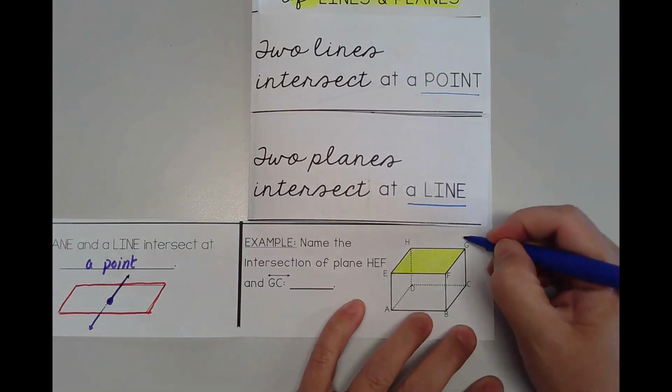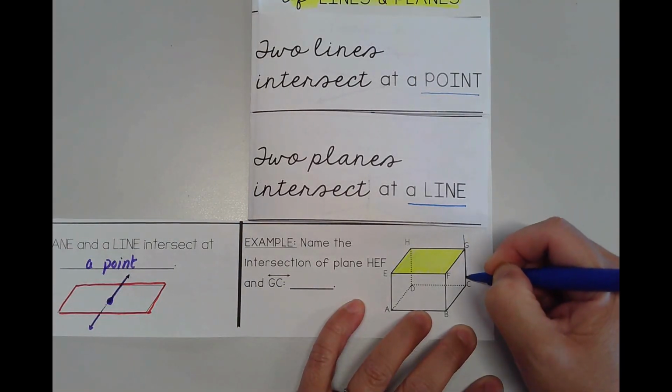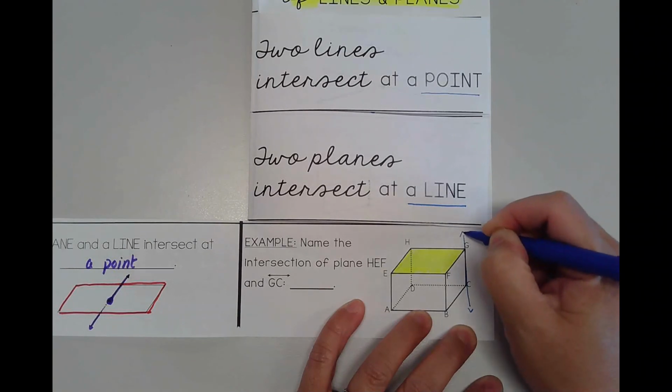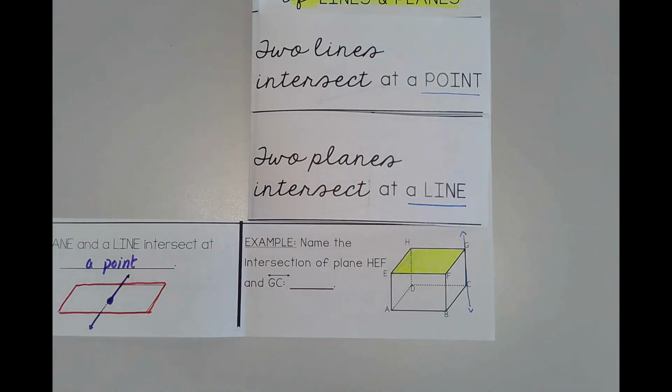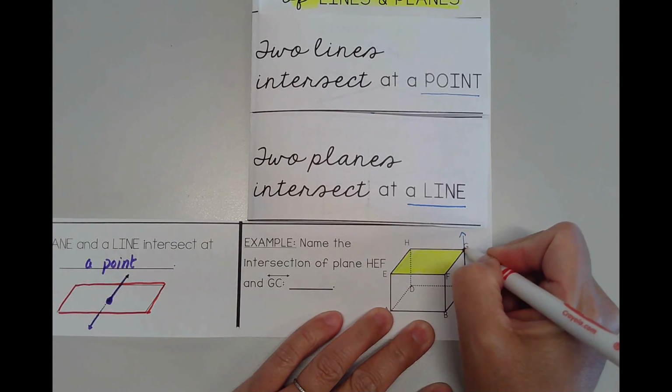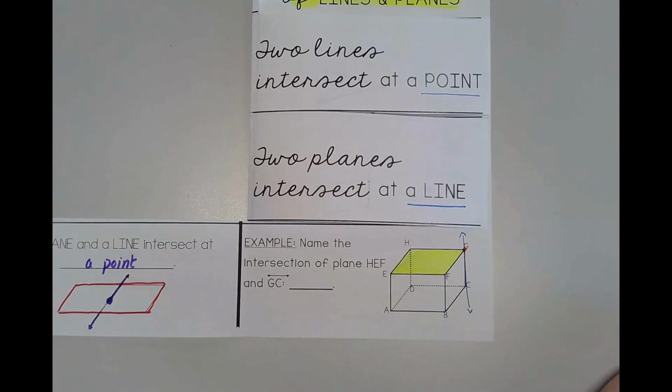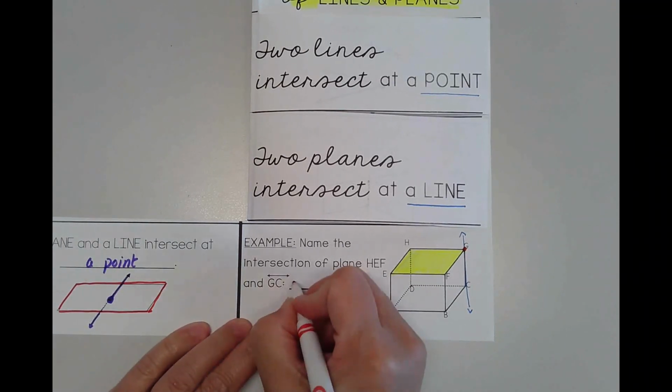So here's G and here's C, right? And you have to think, again, that if that plane went on forever, where would that plane and that line intersect? They would intersect right there. That's the only part of those 2 things that would kind of be touching. So they're going to intersect at point G.